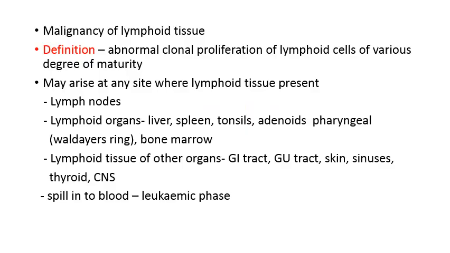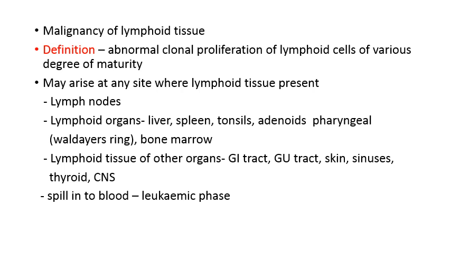So lymphomas are malignancies of lymphoid tissue. By definition, it's an abnormal clonal proliferation of lymphoid cells of various degrees of maturity. It is a diverse group of diseases and it can arise at any site where lymphoid tissue is present.